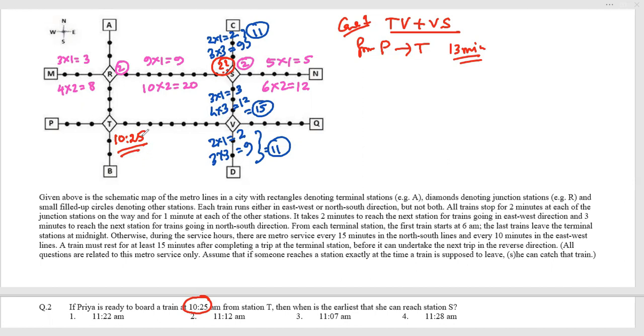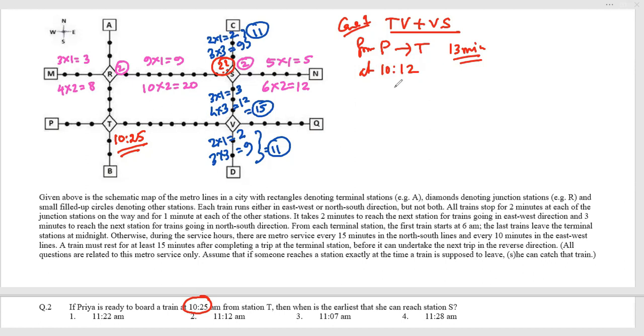So basically, at what time does the train need to start? 13 minutes prior, so it should be at 10:12, right? At 10:12, the latest train started from P can reach at T. But at 10:12, there is no train leaving.